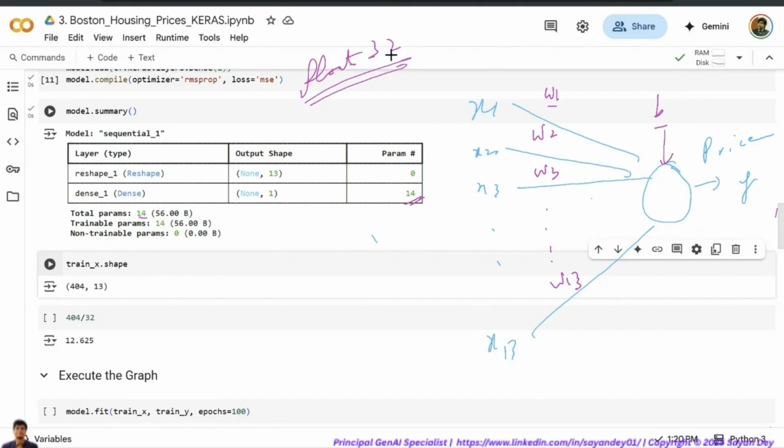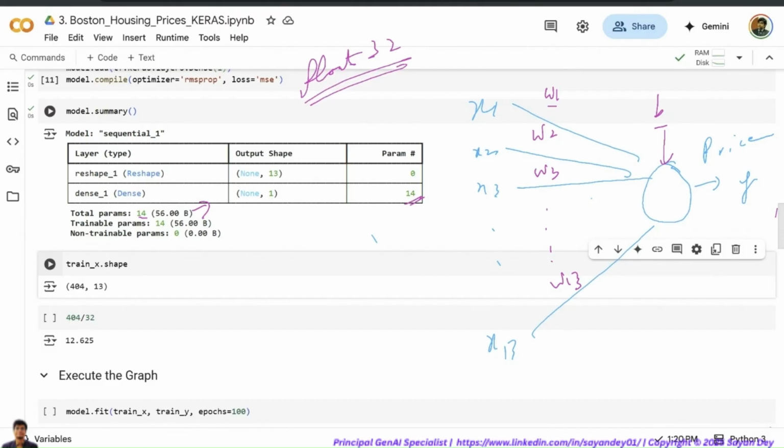So each number is 4 bytes. So 14 numbers, 14 fours are 56, 56 bytes. This is the amount of space you need to store those 14 parameters that you trained. This is a very, very simple architecture we are seeing. It's a very simple neuron where there are only 14 weights and biases that you're trying to tune.